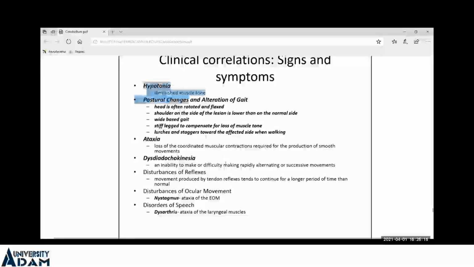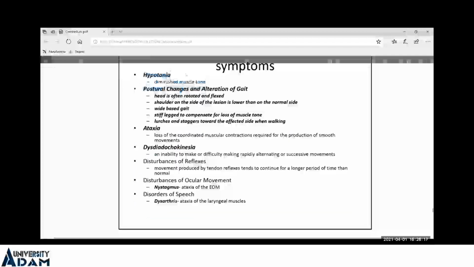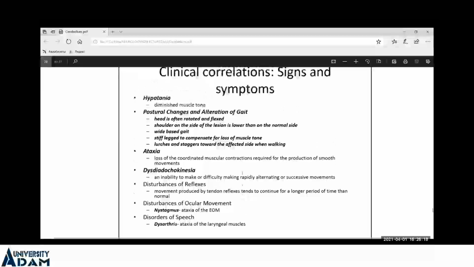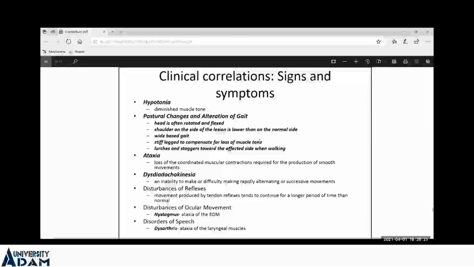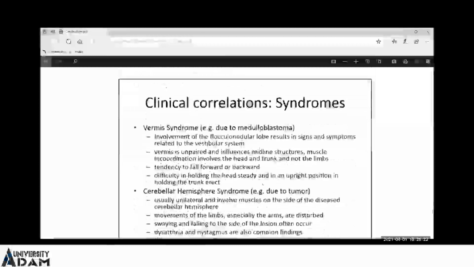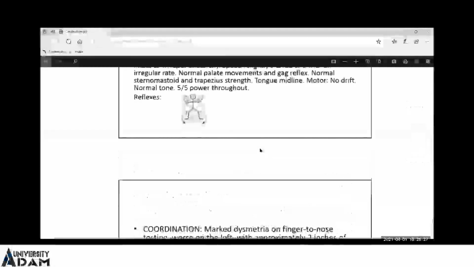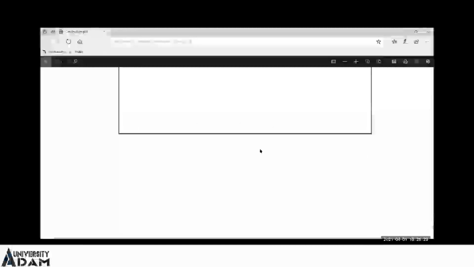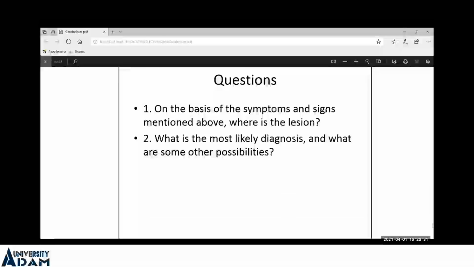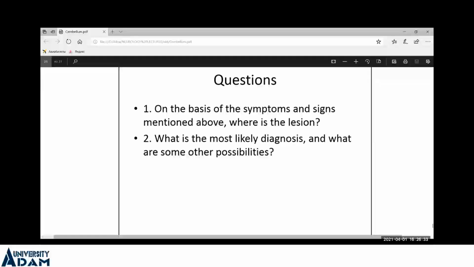So about this, we will talk in the practice classes, okay? Also, you can talk about this in your neurology classes. These are syndromes and cases, which you will solve in your neurology practice classes.